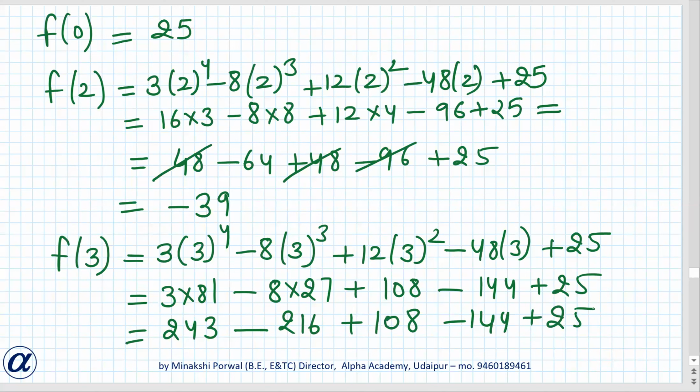So this will be 243 plus 108 plus 25, which is 376, minus 216 plus 144, which is 360. That is equal to 16.